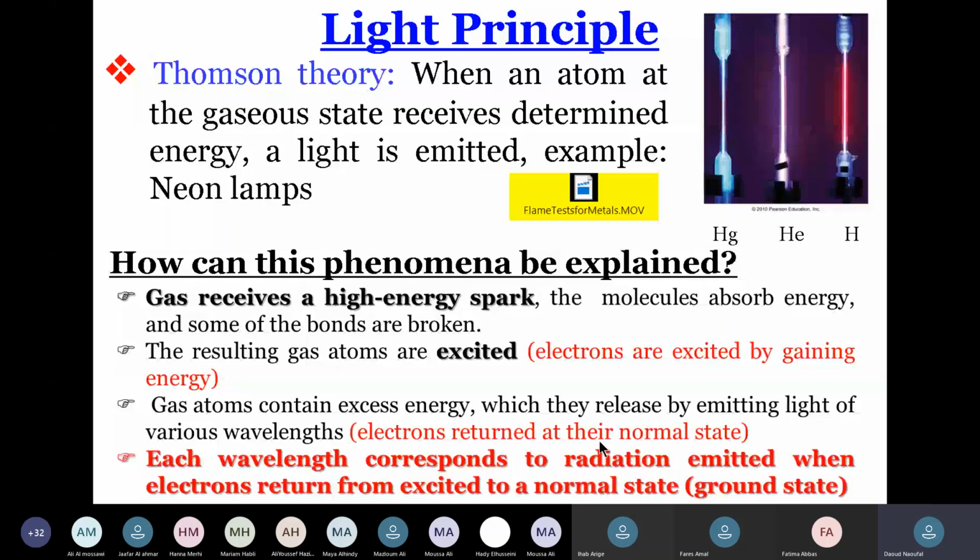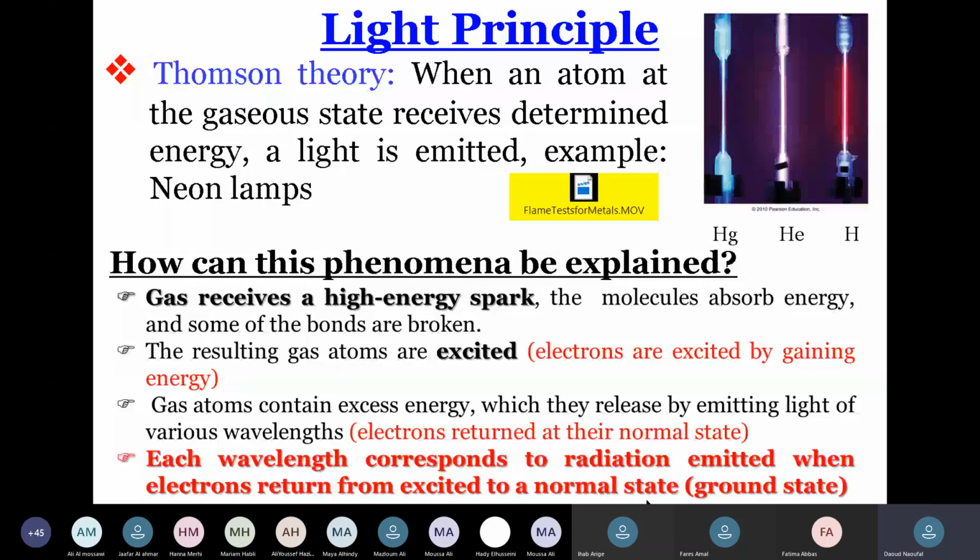So as a conclusion, at the macroscopic scale, when heating a gas, or when we give energy to a gas inside a tube, we will observe light emitted of known and determined wavelengths. This is at the macroscopic scale. So what happens at the microscopic scale?